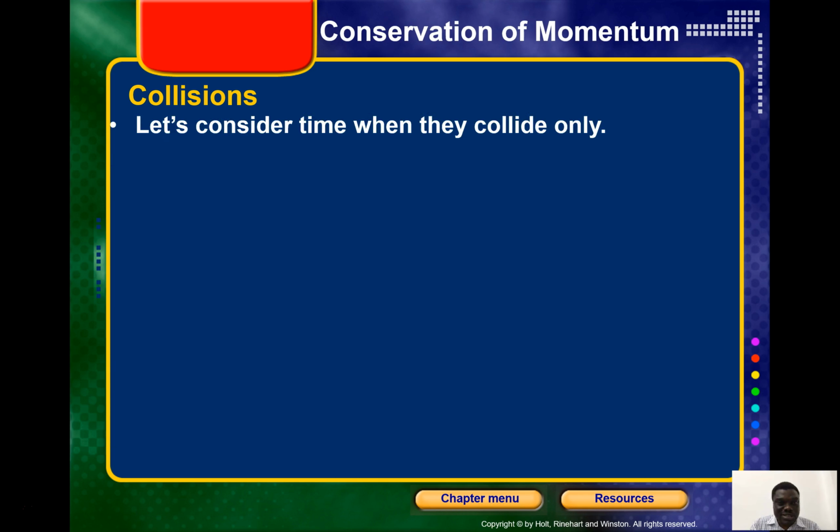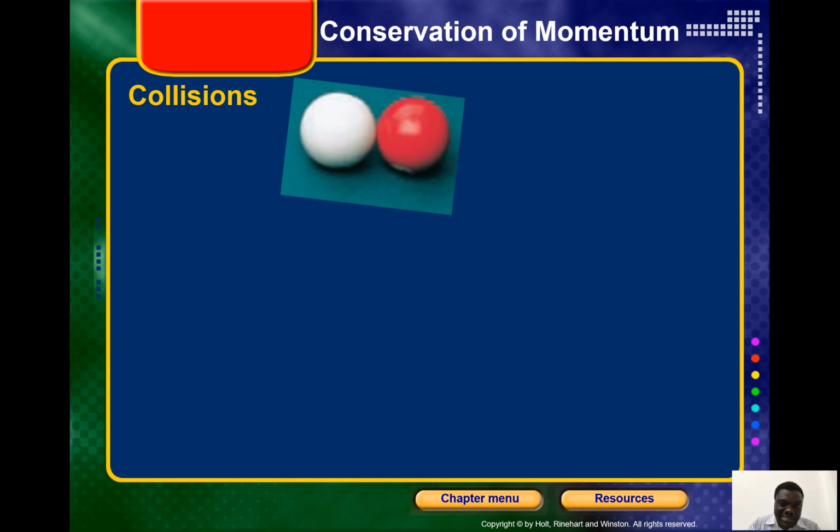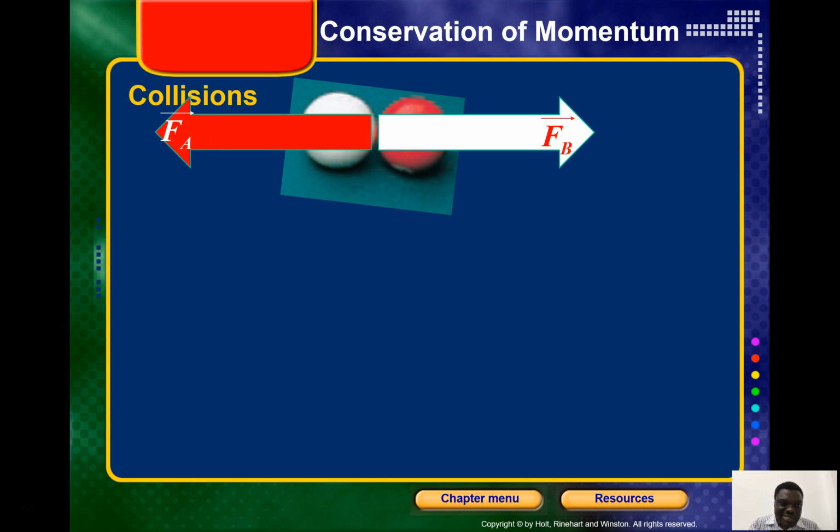Now, we are going to consider the case only at the instant in which they collide. At the instant in which they collide, they are touching each other, so ball A will exert a force on ball B. Let's call the force on B FB. Also, ball B will exert a force on ball A. Let's call that force FA.